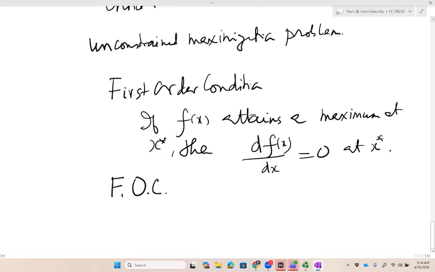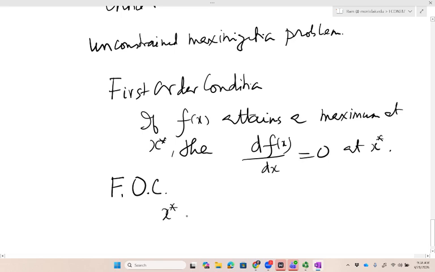We use this first order condition to rule out all values of x other than those points where the function has zero derivative. X star we will call these points critical points.